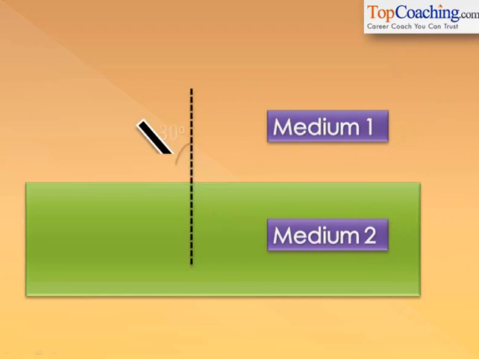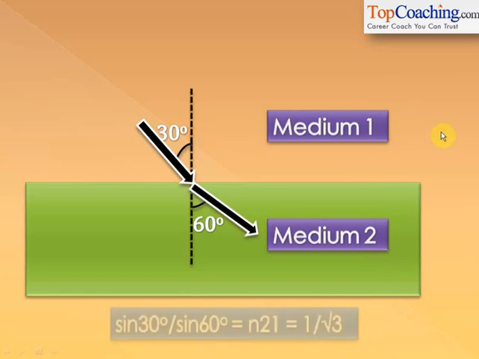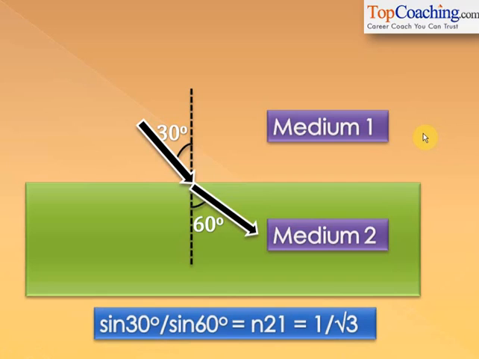The second part of the question says, if the angle of incidence is 30 degrees and the angle of refraction is 60 degrees, what is the refractive index of medium 2 with respect to medium 1? Clearly, the refractive index of medium 2 with respect to medium 1 is sin I by sin R, or sin 30 degrees by sin 60 degrees. That comes out to be 1 by root 3, isn't it?